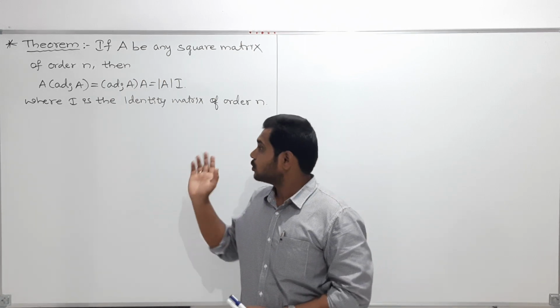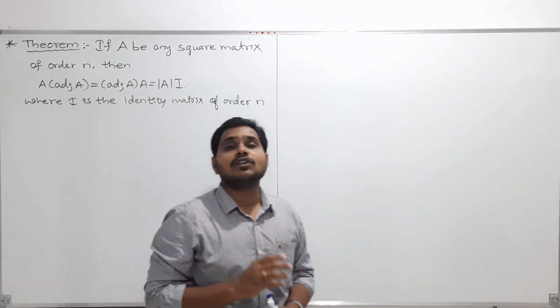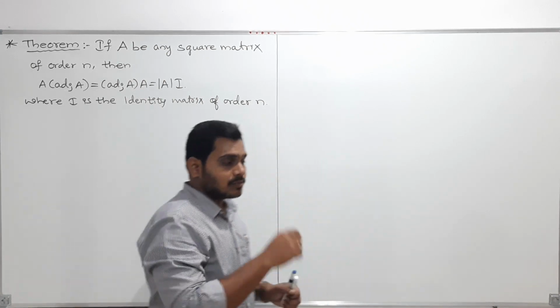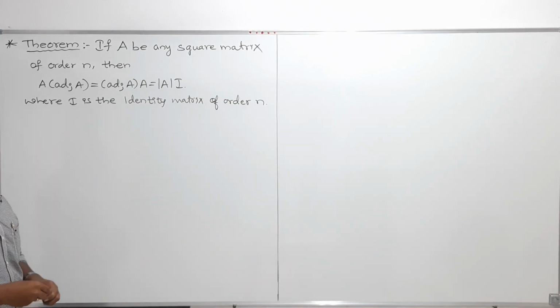Now to prove, to verify this, I'll take one example, a matrix of order 3 cross 3. By taking that, we can verify this theorem. So let us take one example, my students. Here it is, the verification.